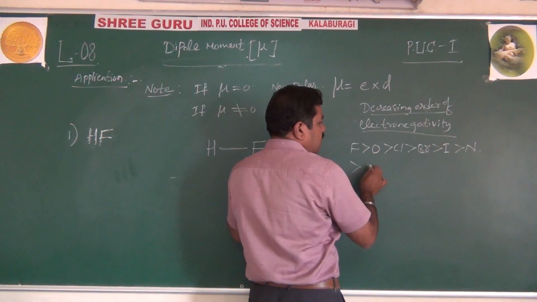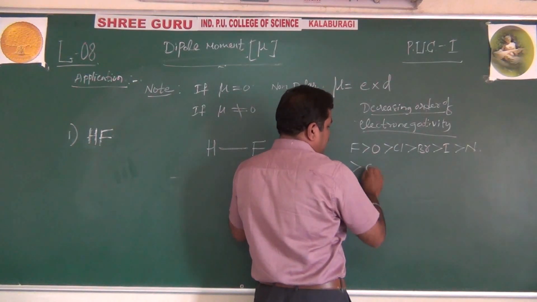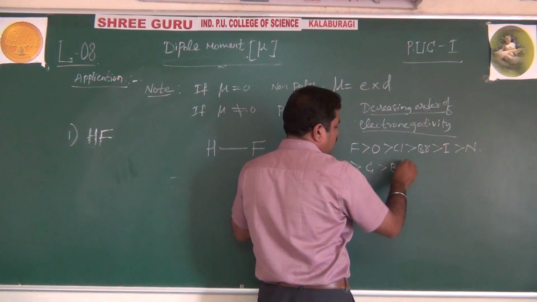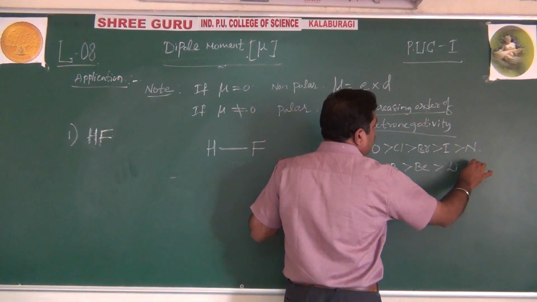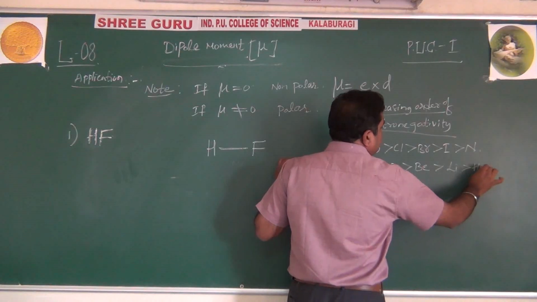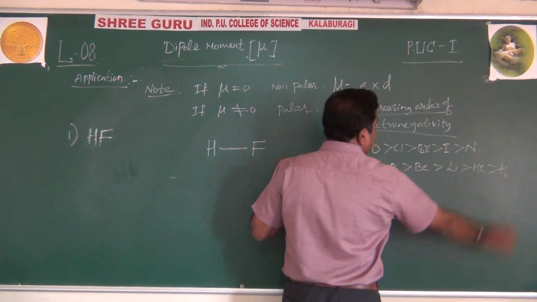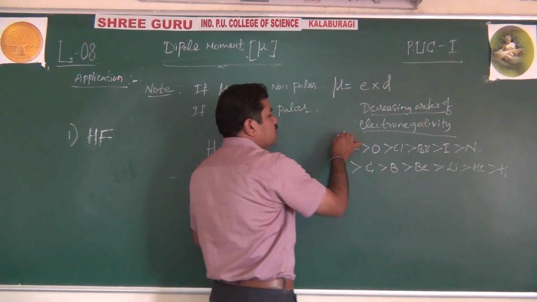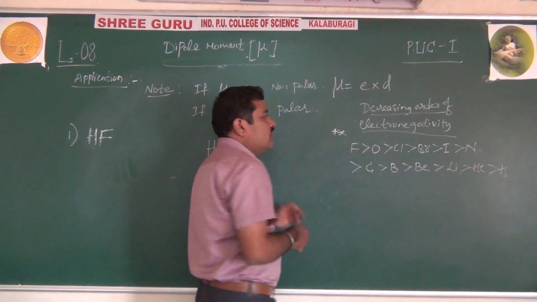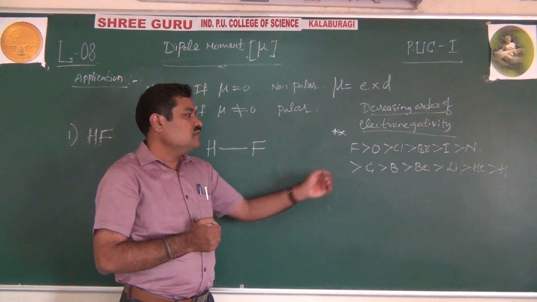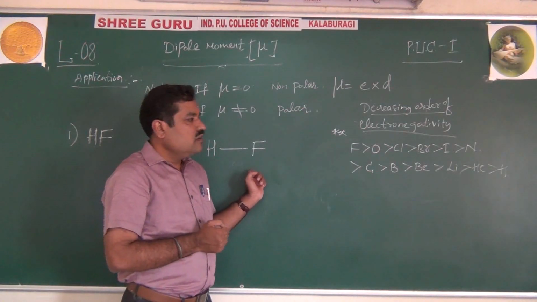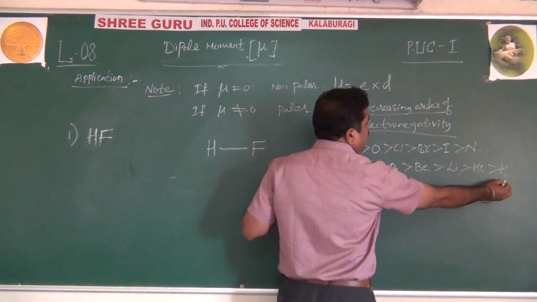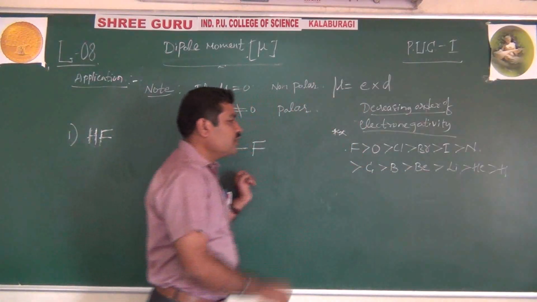After nitrogen, it's the turn of carbon. After carbon, boron, beryllium, lithium, and lastly hydrogen. Please remember this decreasing order from your periodicity of elements. With the help of this, now I will tell you one by one. Hydrogen the least electronegative, fluorine the most electronegative.